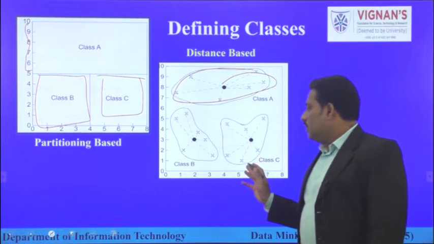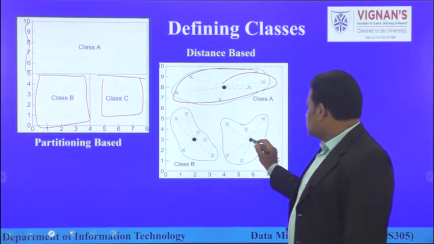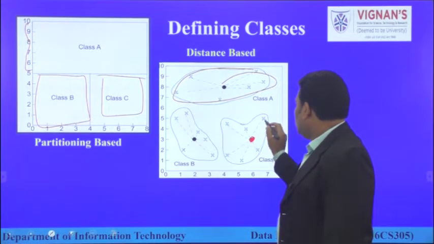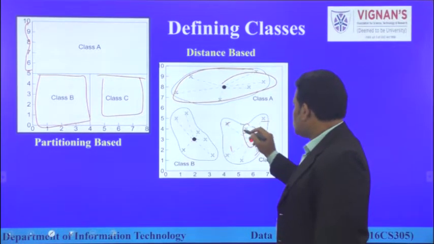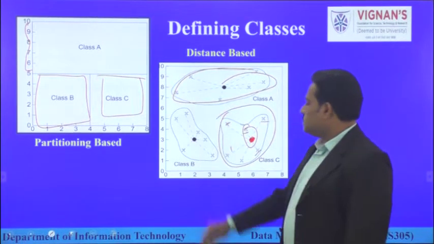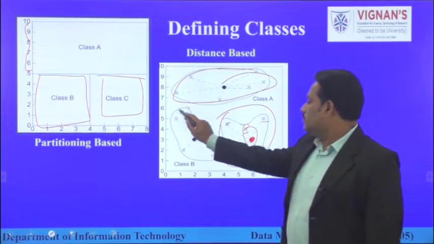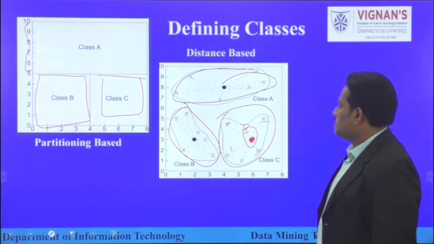Whereas in distance based, the nearest value is taken into consideration. Let us say this is the center point. There are 5 points. Whichever is nearer to this or has similar characteristics, we can form as a partition. Like this is the partition of class B. That is distance based.